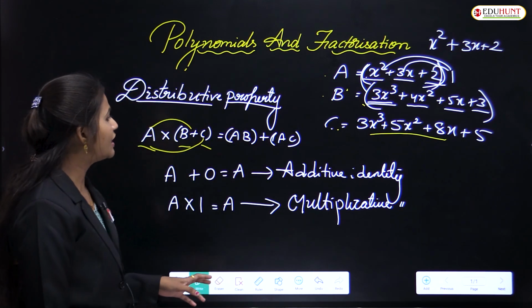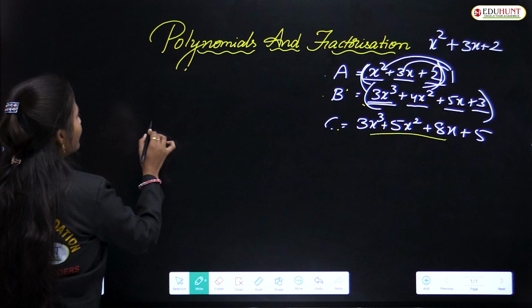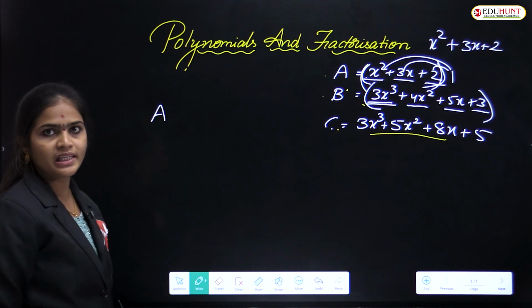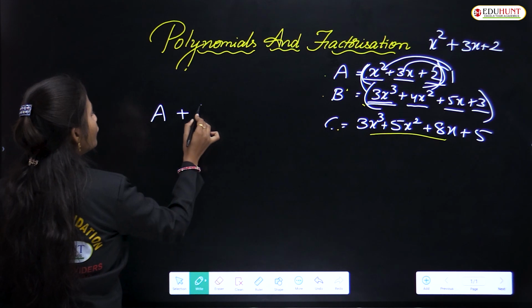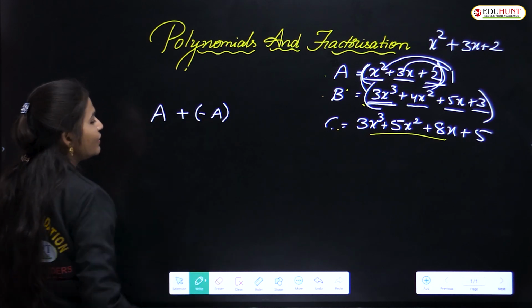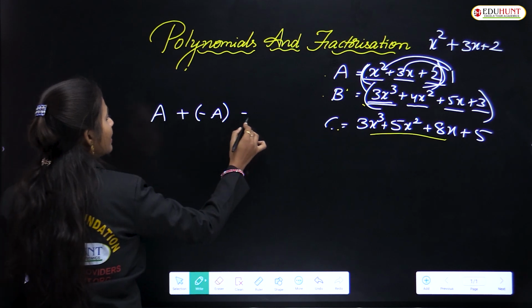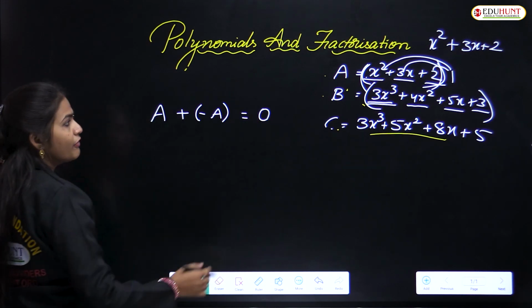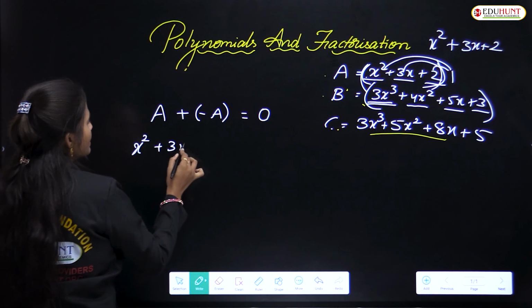After that, one more property is there. For example, a is one of the polynomials. To this a, if you add its additive inverse, what will you get? 0 only, no? For example, a is equal to x square plus 3x plus 2.